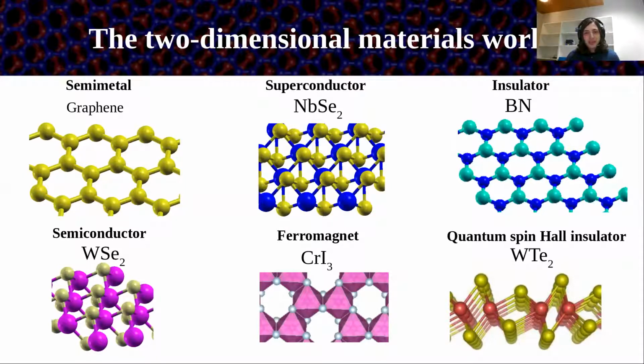And given that we can combine them almost in any way we want, the degree of freedom that we have is huge, and we can hope that perhaps some of these combinations may give rise to a quantum state of matter that we have not seen so far.